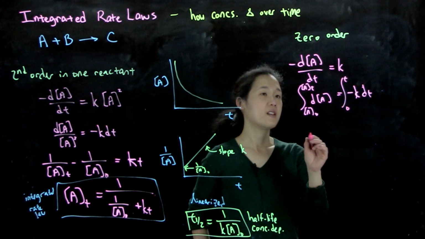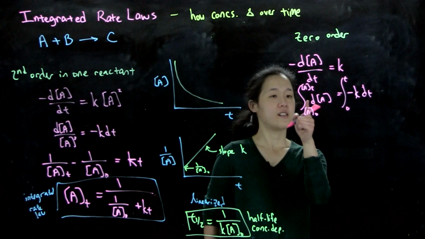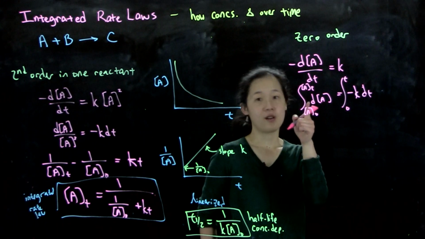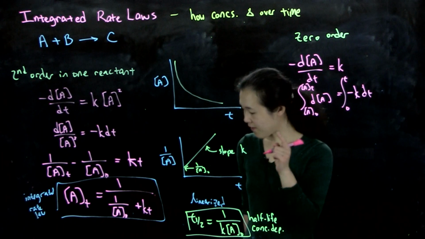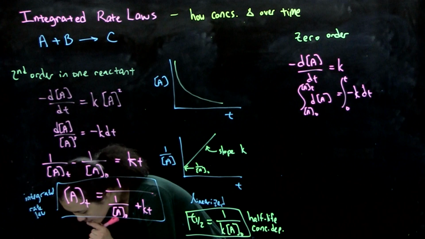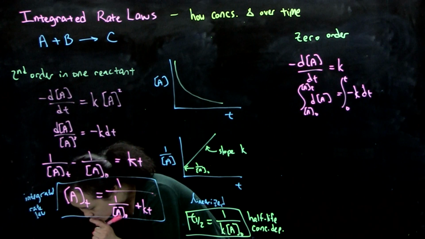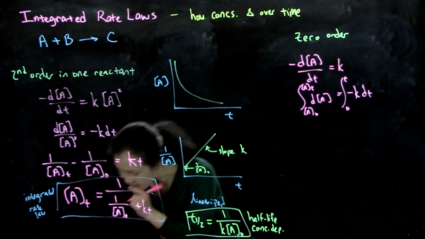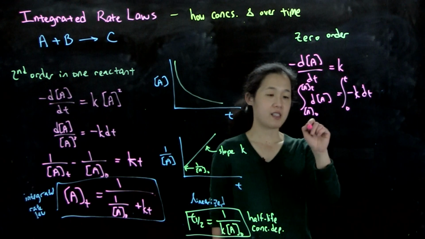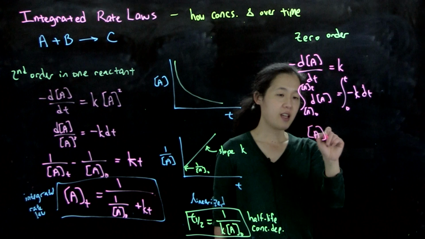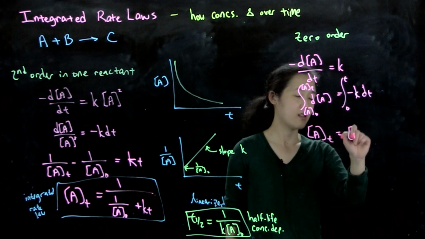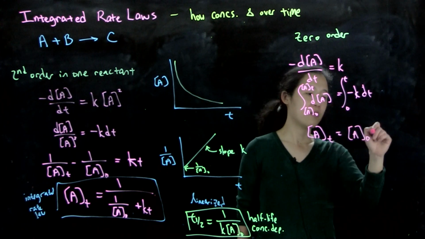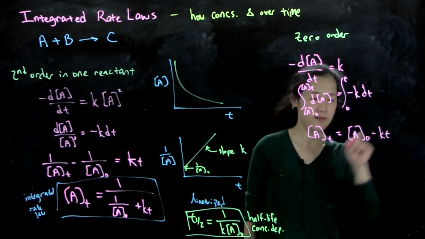And then, if I'm doing my math right, hold on. Ah, yes. So this should give us A at time t equals A at time 0 minus kt.